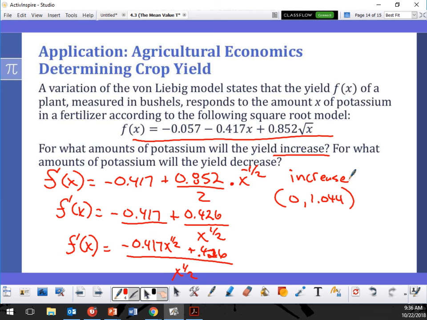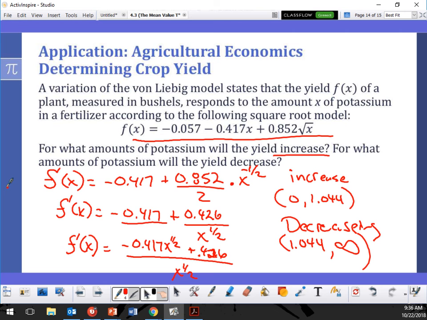And I know from my 1.044 on the other side is going to be decreasing. D-E-C-R-E-A-S-I-N-G. All right, decreasing. Something like that.